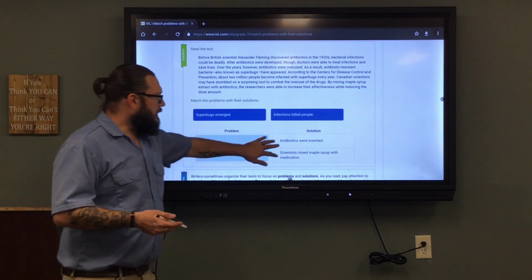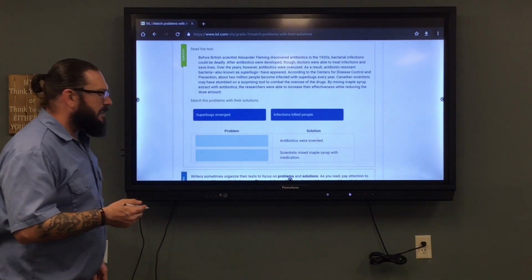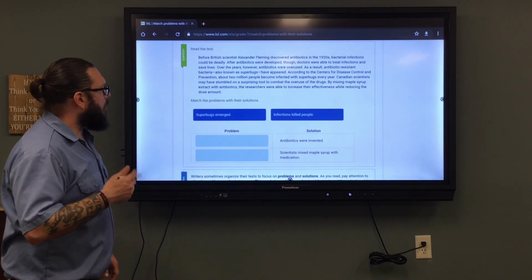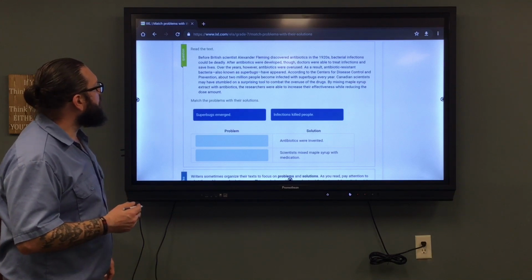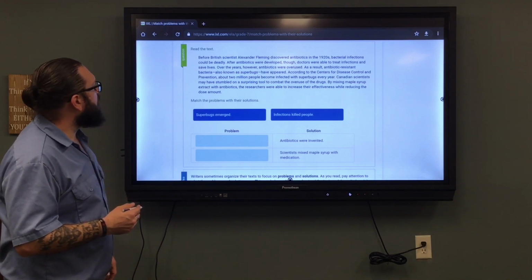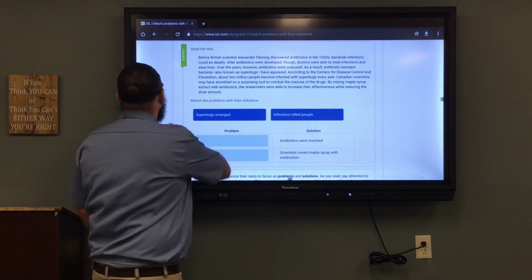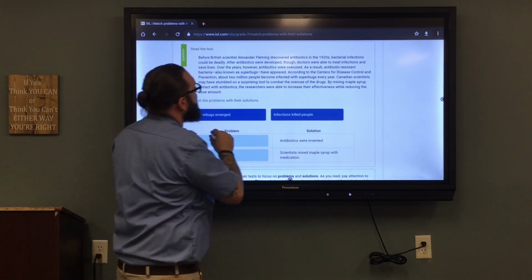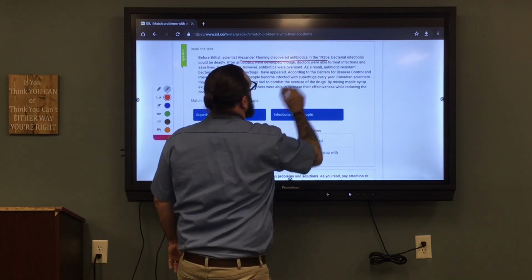Down here, we are given two solutions. Let's see if we can first identify those in the passage. All right, so the first solution, antibiotics were invented. Okay, so in our first sentence, we see that Alexander Fleming discovered antibiotics in the 1920s.